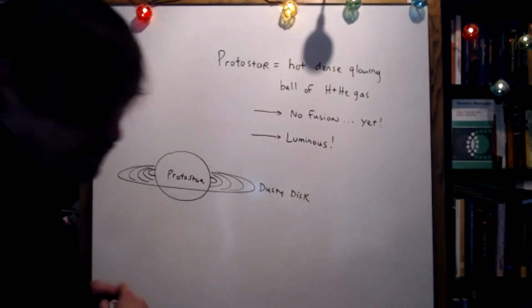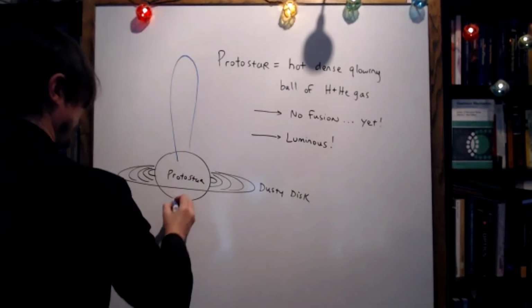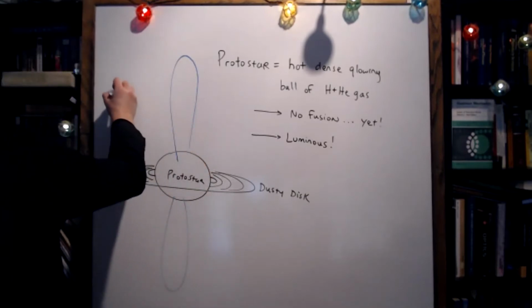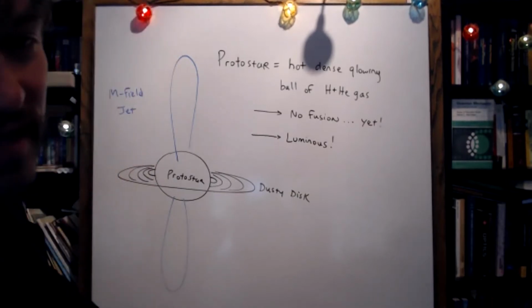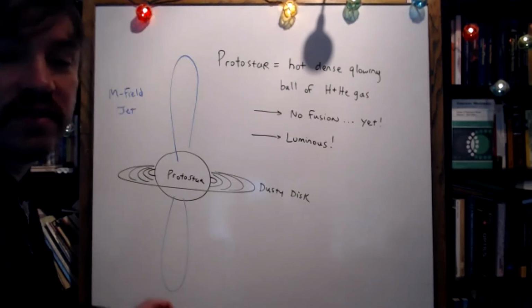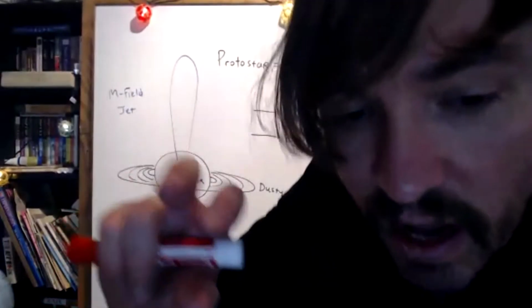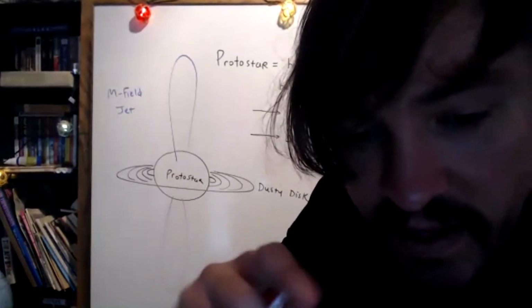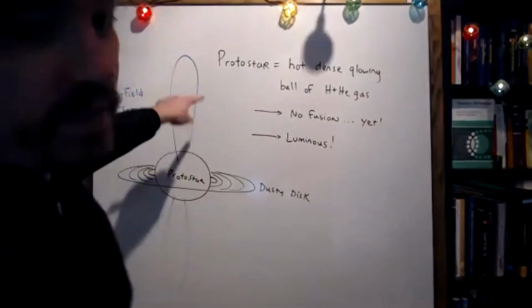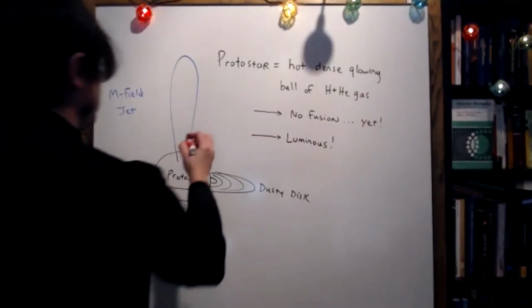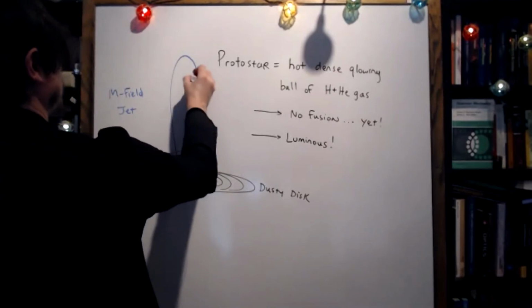And oftentimes, as the gas contracts, they build up powerful magnetic fields. So this is a magnetic field jet. Normally, one does not see magnetic fields, but the reason you could see the jets in those protostars is that they pick up charged particles like protons and electrons, and they accelerate them up the jet.